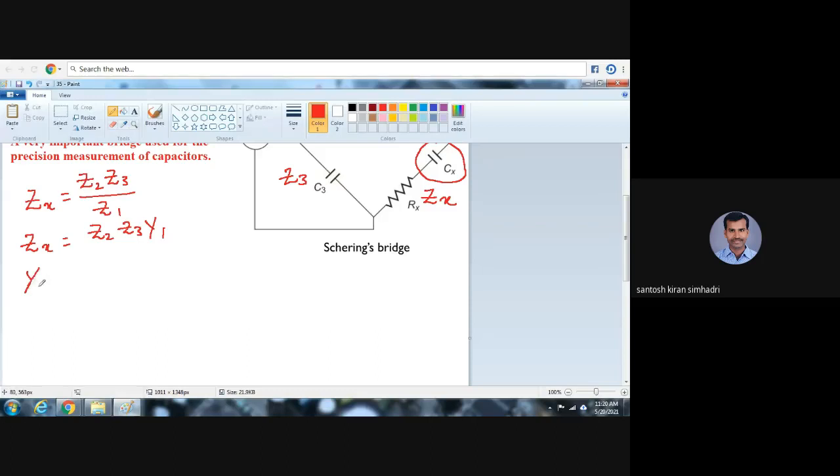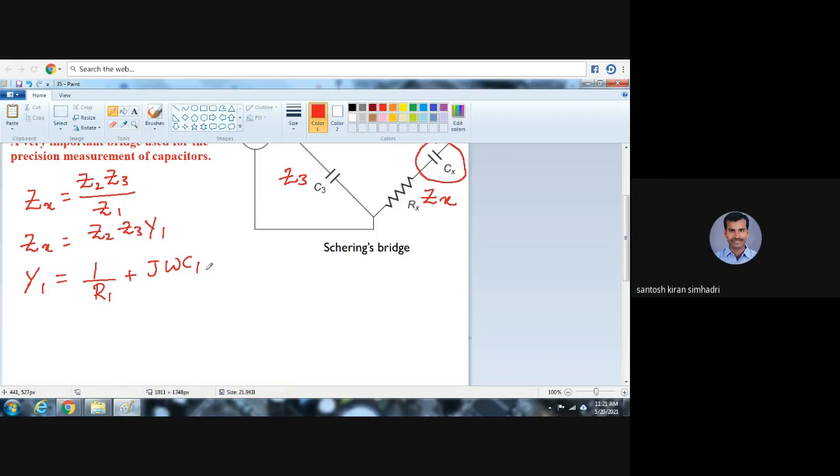So Y1 equal to 1 by R1 plus j omega C1. Is it clear for everyone?